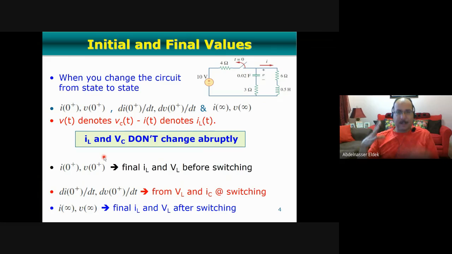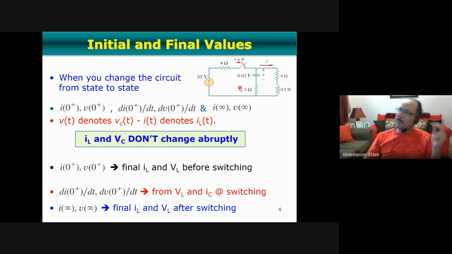So assume that you have a capacitor, for example, and you charge this capacitor to 10 volt. Then when you change the status of the switch, the 10 volt will not be 0 suddenly. It will stay 10, and then after that will change gradually. It will not change abruptly or suddenly. So IL and VC will not change suddenly when you just change the switch.